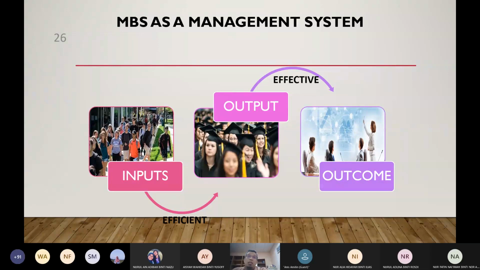From a course, it translated into a degree program, and then from the degree program it was upgraded to a department, just like nowadays we have a department of business, department of accounting. From that department, it was upgraded to a faculty.